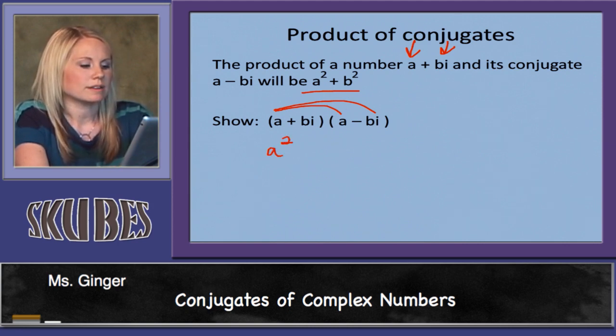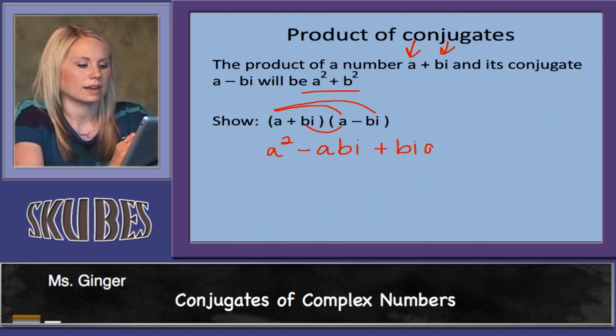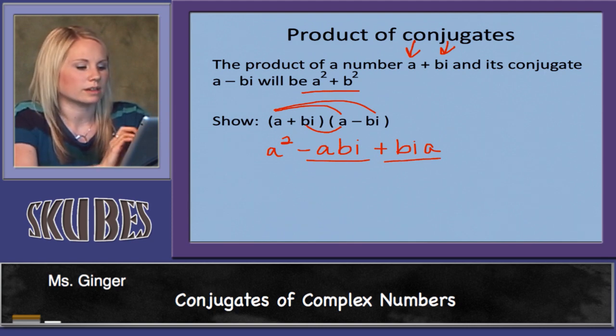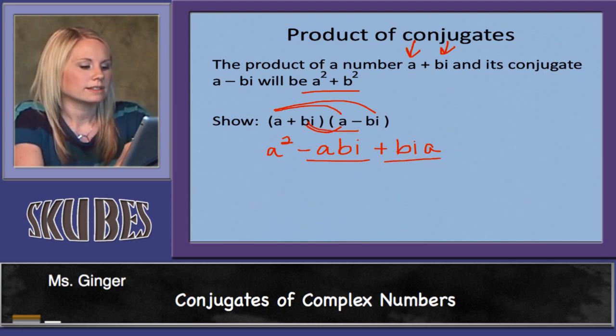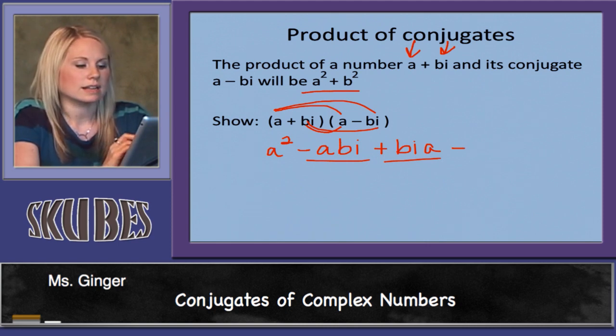And then a times negative bi, negative abi, and then our inner product bi times a, bia. These are like terms here because I've got all the same letters in these terms. And then the last, bi times negative bi gives us negative b squared i squared.